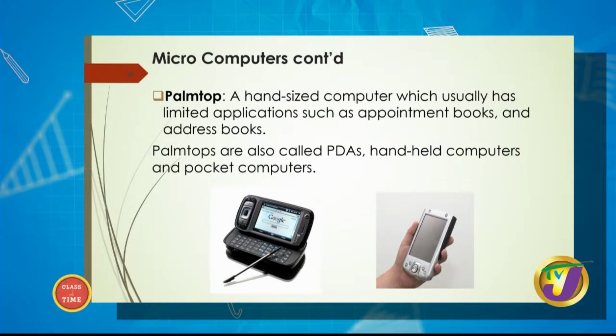It can hold in the palm of the hand, and it can also hold in your pocket depending on how big it is. So we have the palm top, and we have the personal digital assistant, which is also referred to as the PDA for short. These are very small microcomputers that you are able to take with you wherever you go.